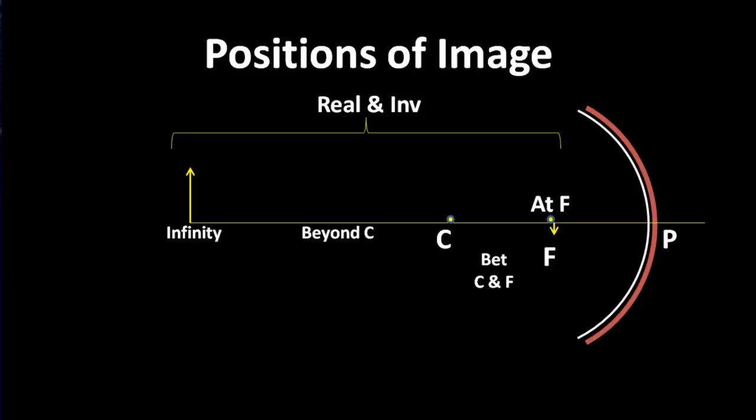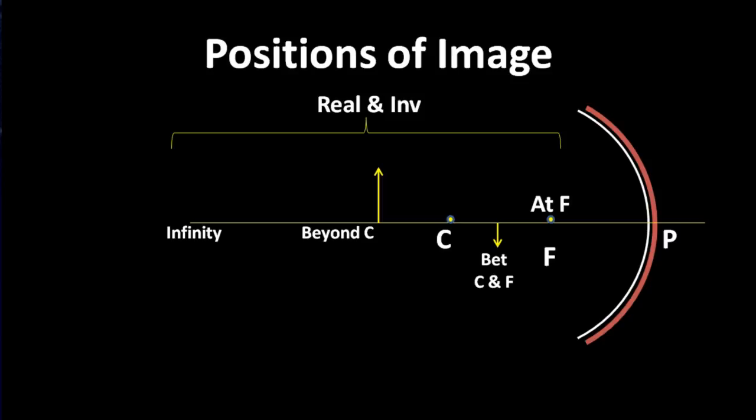We will observe that the image shifts to the adjacent position on the left. Also, the size of image increases. So when the object is shifted from infinity to beyond C, the image shifted from focus to between C and F. Its size also increased, but it is still smaller than the size of object.